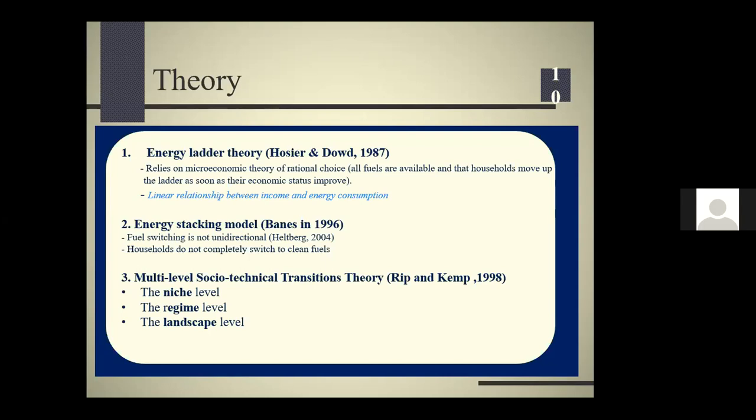Now, there are two issues with this kind of approach. One is that there is no transition per se, because if a household is stacking, it's possible that the household is using biomass and electricity. So in that case, that is stacking, but that's not clean stacking. It would be okay if the household had moved to clean stacking, such that we have a household using, for example, LPG and electricity.